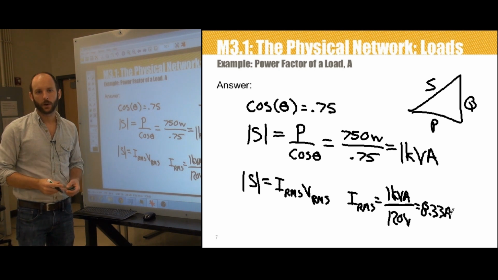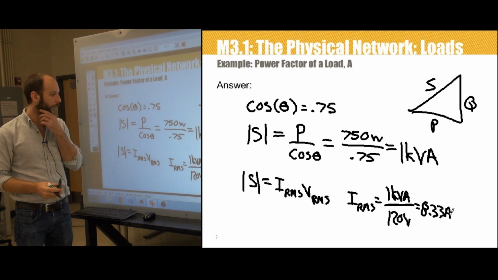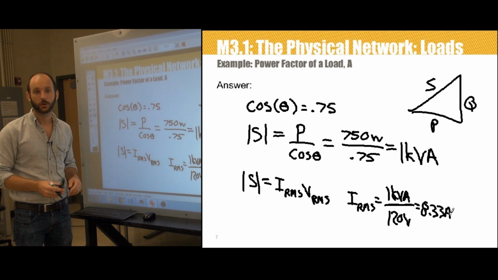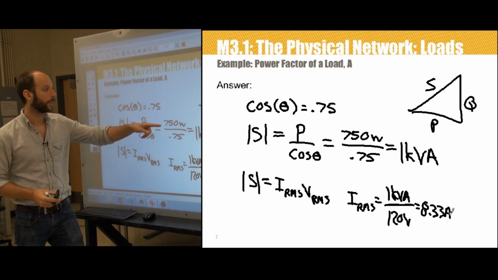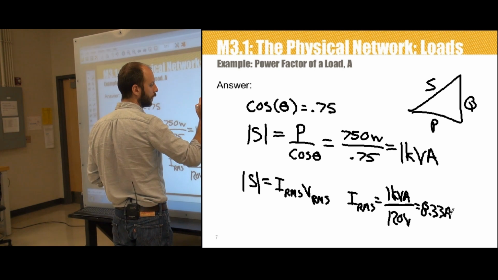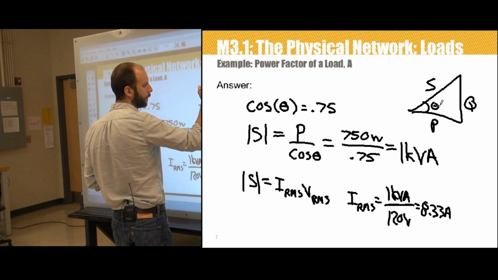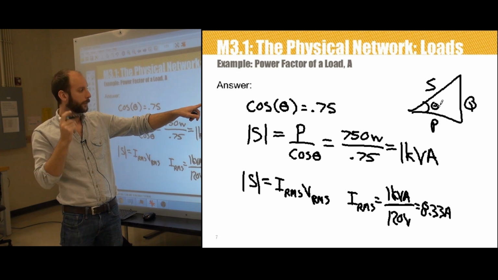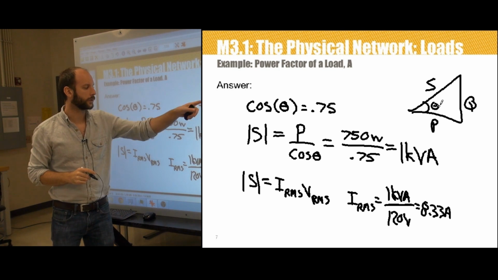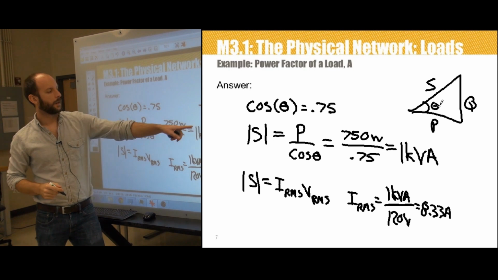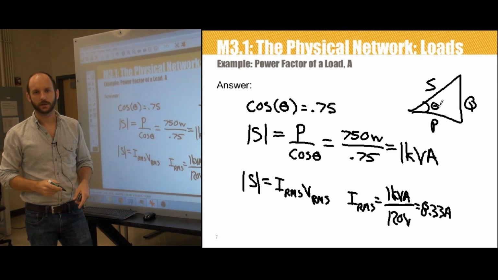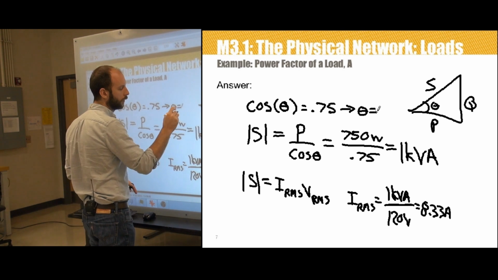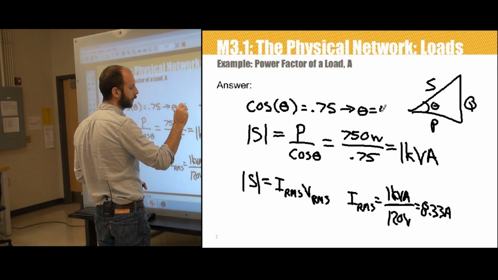We've got a couple of different ways that we can determine the reactive power draw. How I'm going to choose to do it is to find out what the angle here is. I know the magnitude of this, I know the magnitude of this, so I can use that information to determine the angle. I know the relationship is 0.75, so theta is just the inverse cosine of 0.75. That gives us 41.4 degrees.